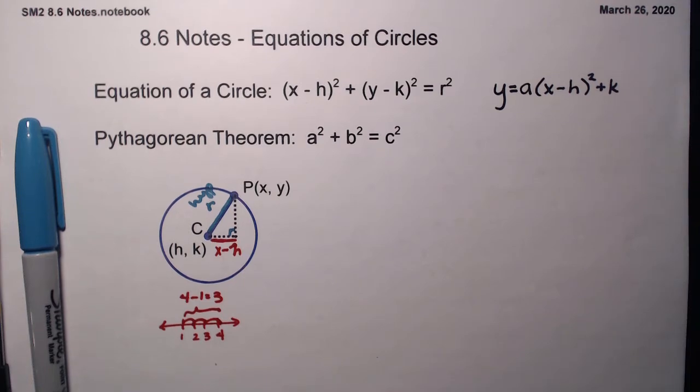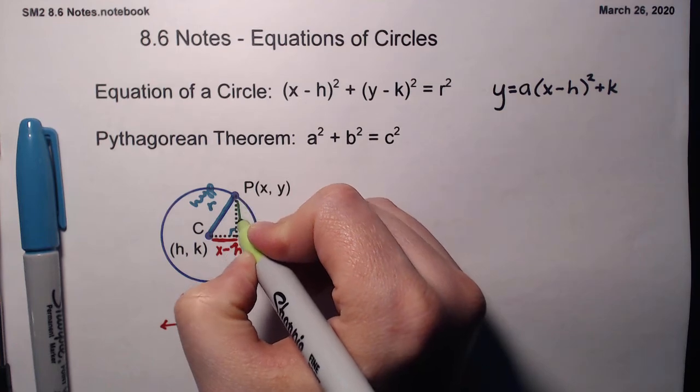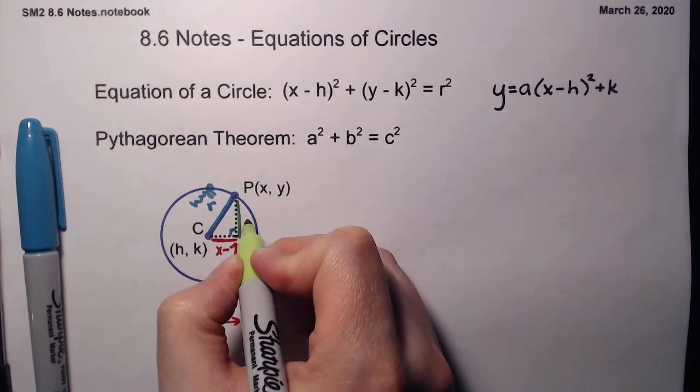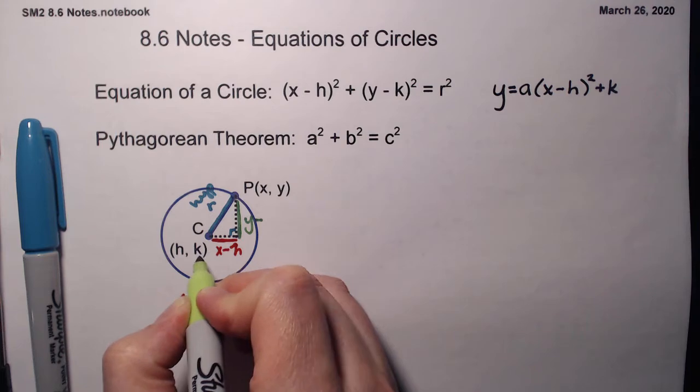And then similarly, we're going to do that same thing with the y direction. So in this one, it's going to be y minus k.